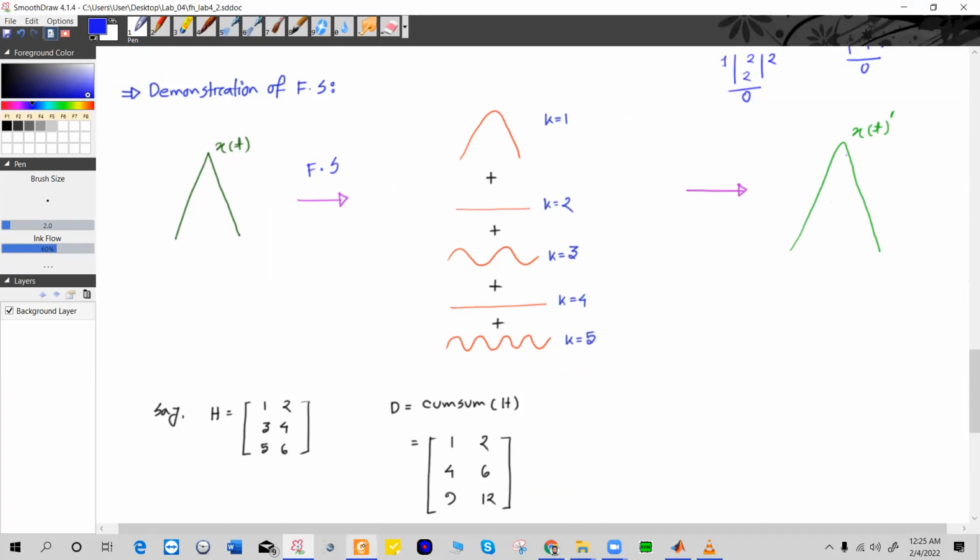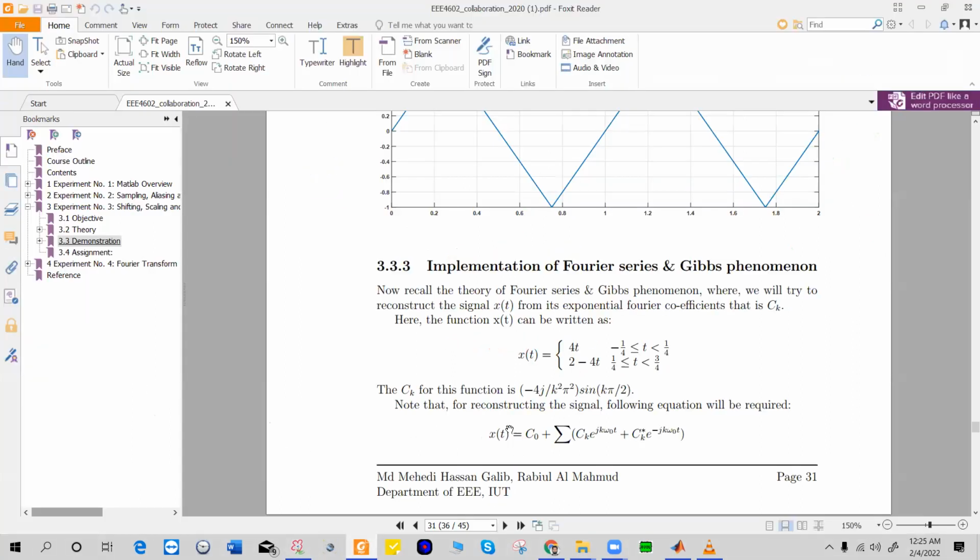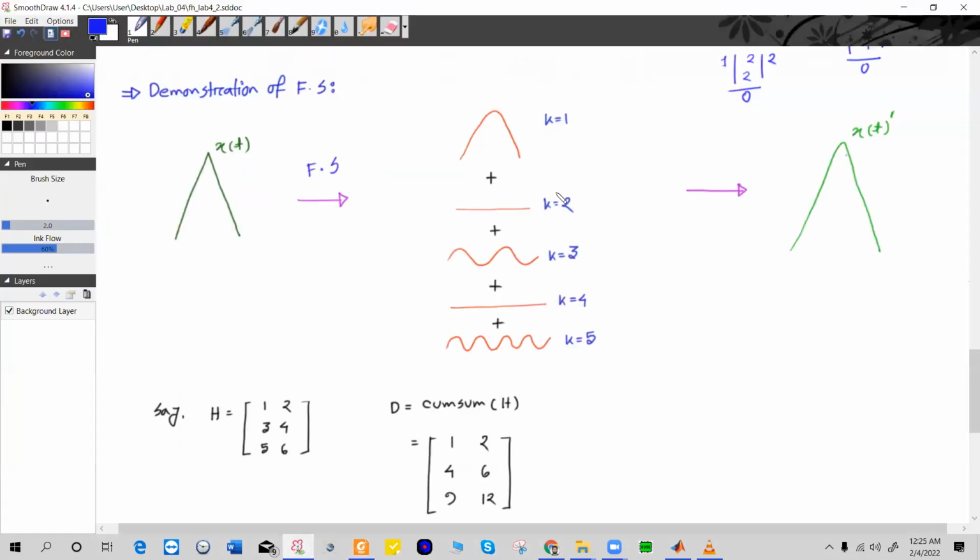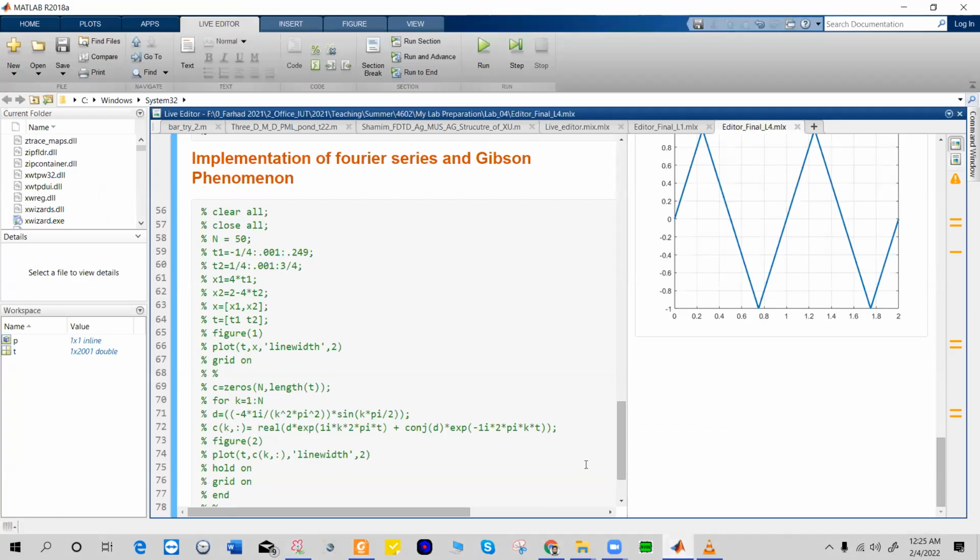After that I want to retrieve back the signal, so just add all of them. You see the summation sign is there. So we'll just add all of them and find out x t prime. This will be our target. So this is the code.